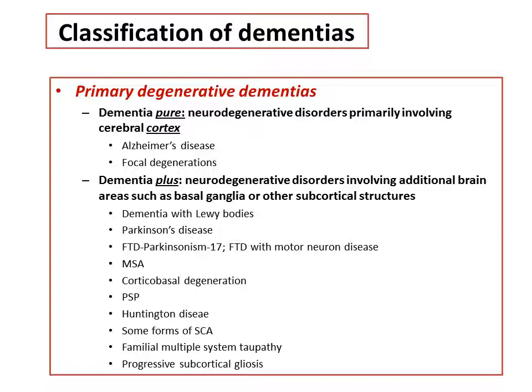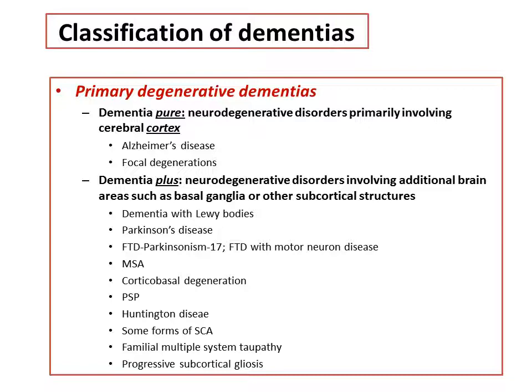Then we will talk about the classification of dementia. There are many types of classification. Let's start with the primary and secondary one. Primary degenerative dementia may be dementia pure or dementia plus. We mean by dementia pure the neurodegenerative disorder primarily involving the cerebral cortex, like Alzheimer's disease and focal degeneration.